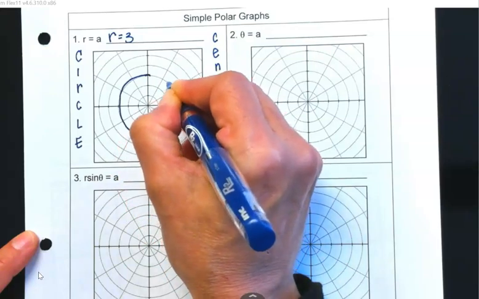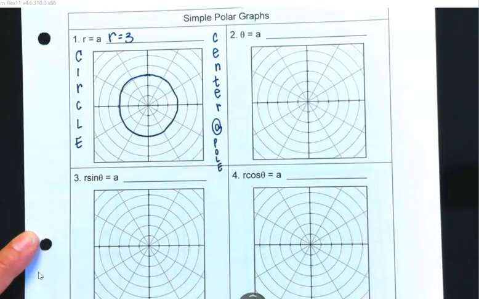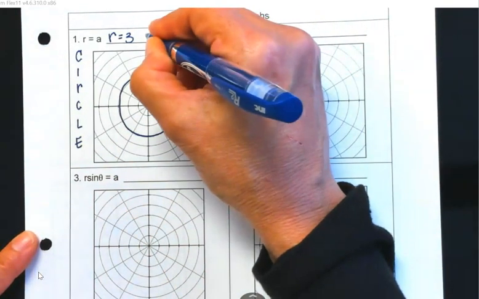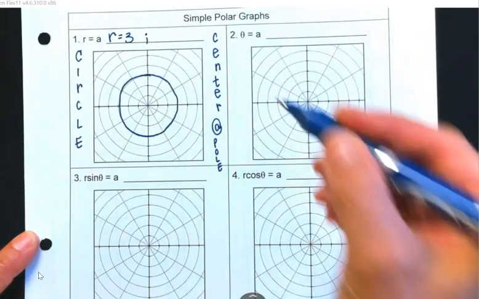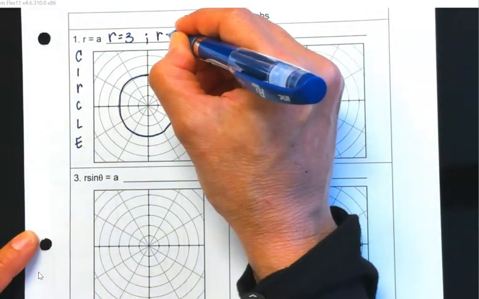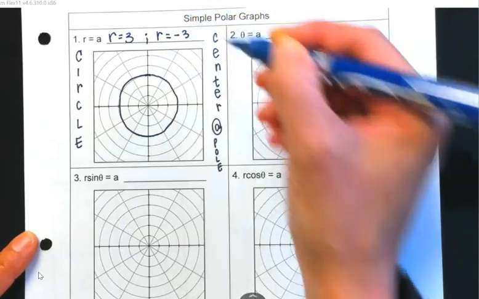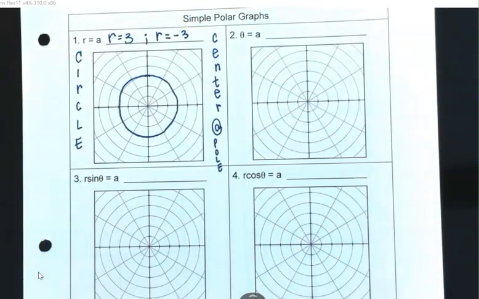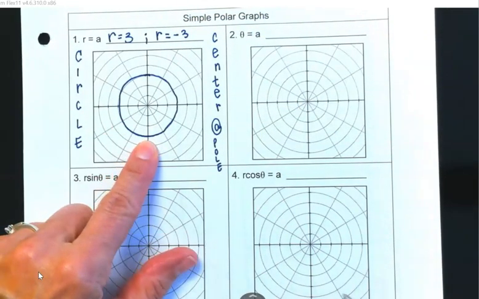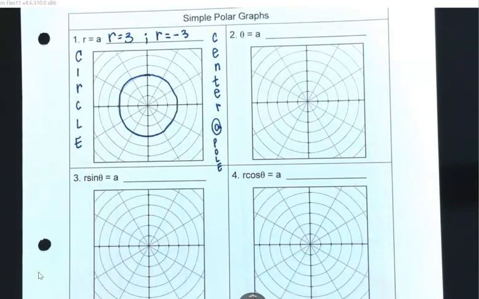Let's just trace that around. That is also the same graph as r equals -3. If it's -3, technically you'd go down 3 places, draw the graph. So r equals 3 and r equals -3 draw the same picture on a polar graph.